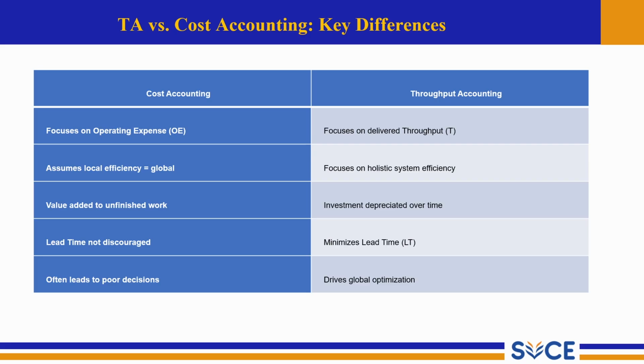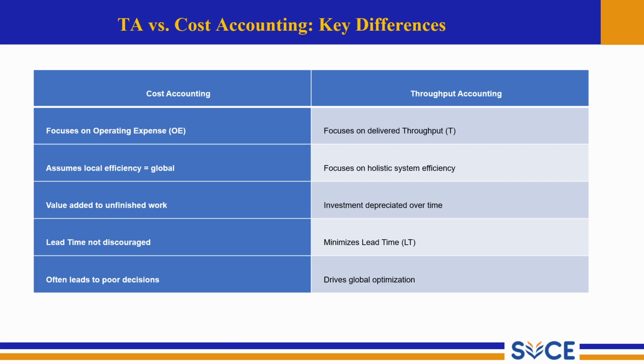Cost accounting focuses on value added to unfinished work. In throughput accounting, the investment is depreciated over time. In cost accounting, lead time is not discouraged. In throughput accounting, we minimize the lead time. Cost accounting often leads to poor decisions. Throughput accounting drives global optimization.